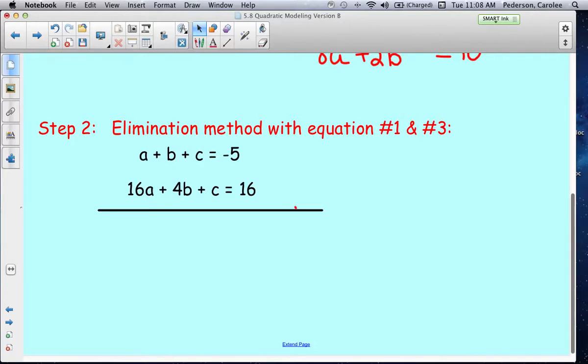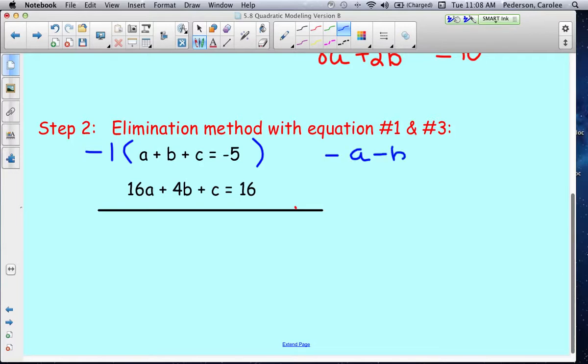We want to change one of the equations by multiplying it by -1, so our c's will cancel. So let's multiply this equation by -1 again. So I get -a, -b, -c equals, and now -1 times -5 is a +5. And I'm not going to do anything with that second equation. So I just add 16a plus 4b plus c equals 16.